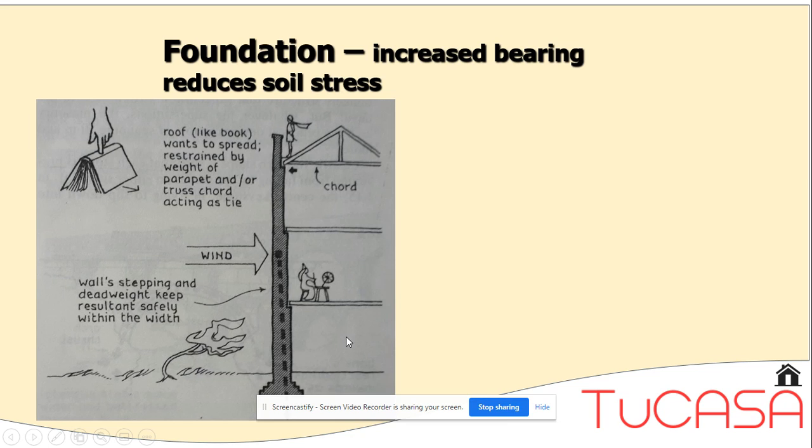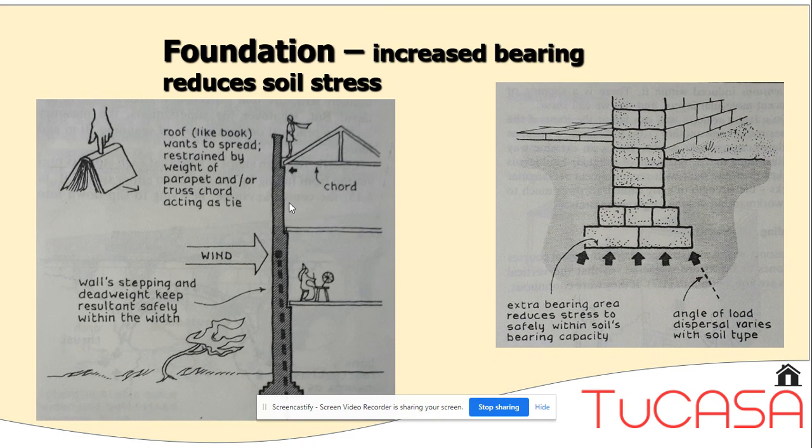And the roof, like a book, wants to spread and push away this external wall. So we've got to design it from foundation level such that we're transferring all the loads down through the center line of the foundation to keep that wall nice and vertical throughout the life of the building.